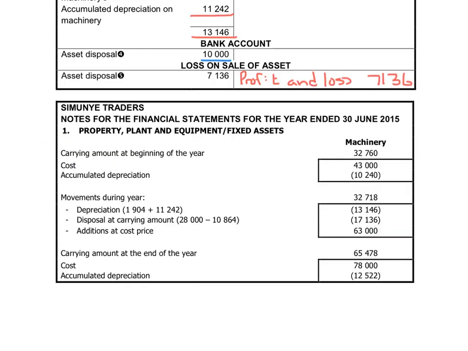I will start my note with the opening cost price of 43,000, the opening accumulated depreciation, and I will subtract the two amounts from each other to determine what is the value of my asset at the beginning of the year. So I do a calculation to determine the carrying amount at the beginning of the year.